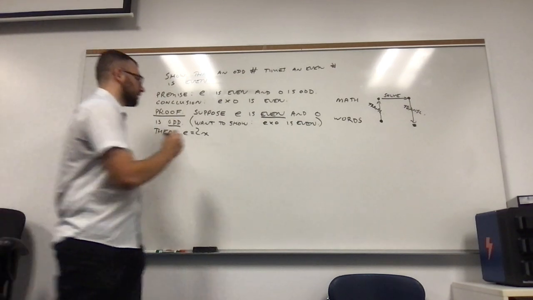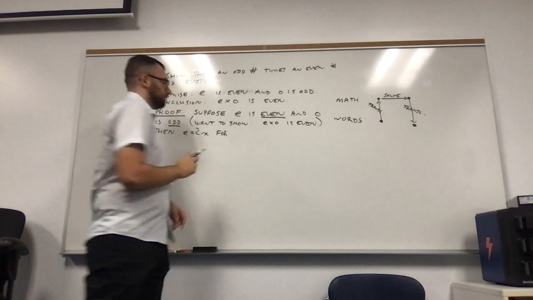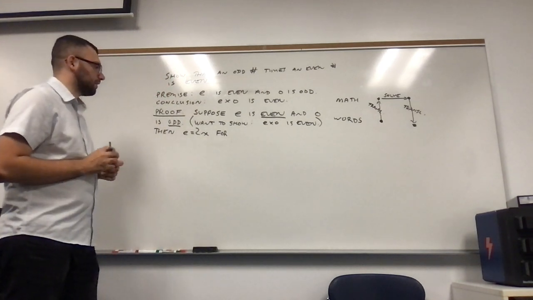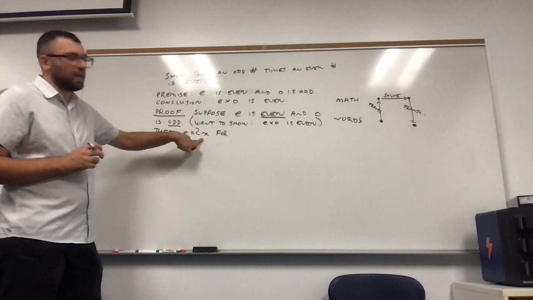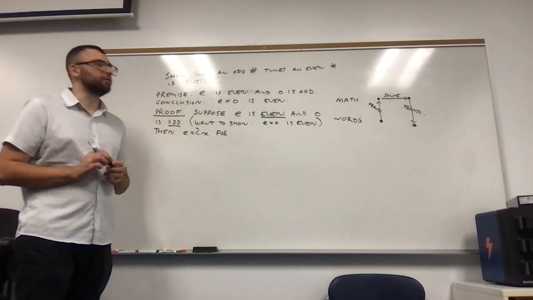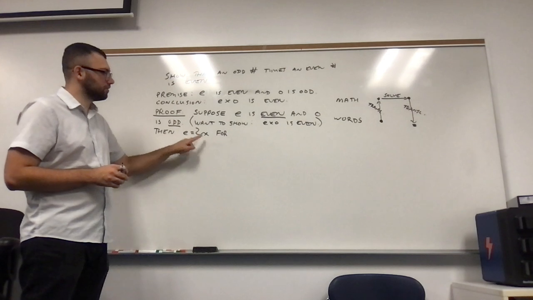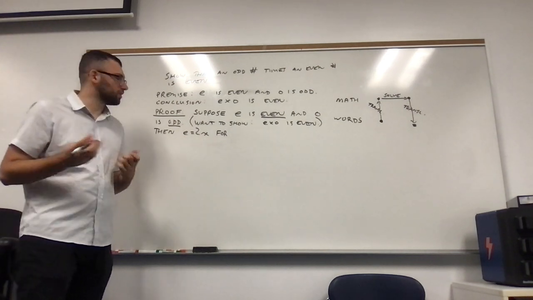So 2 times X. Now, why am I explaining this further? We've just introduced this random letter X. We don't know anything about what it is. So when you're writing a proof, anytime you introduce a new variable, explain what that variable is in words.